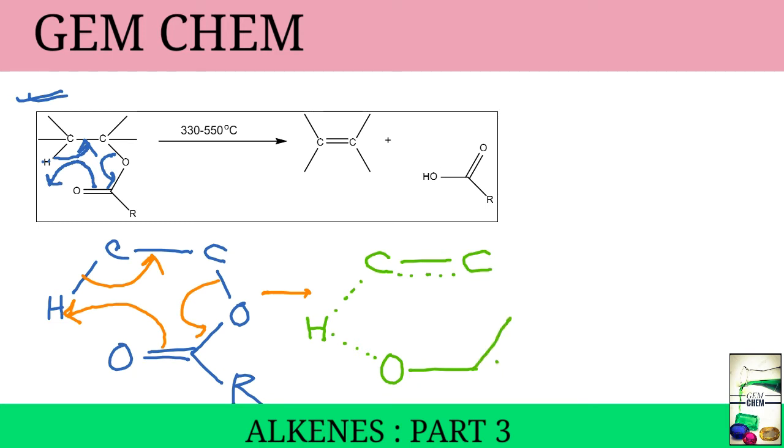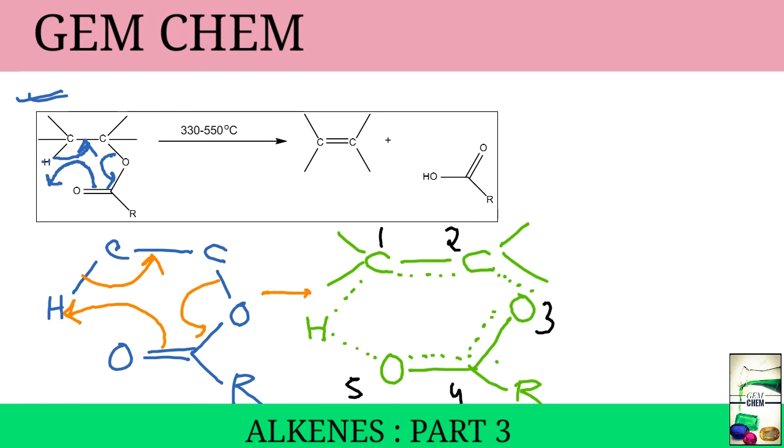So one dotted and one straight line, and this R remains as it is, and here also one oxygen bond comes with the carbon and this bond has already been broken. So this is our cyclic transition state. This is 6-membered. How can we say it is 6-membered? 1, 2, 3, 4, 5, 6. This is a 6-membered cyclic transition state.